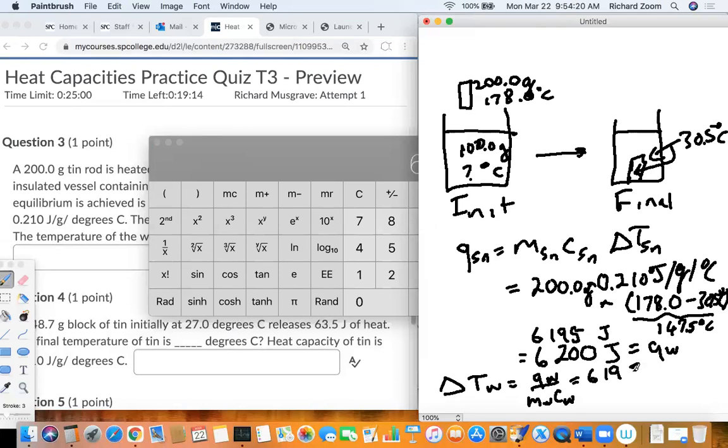I'll go ahead and use 6195. And the mass here is 100.0 grams. And we've got the heat capacity, 4.18 joules per gram per degree Celsius.